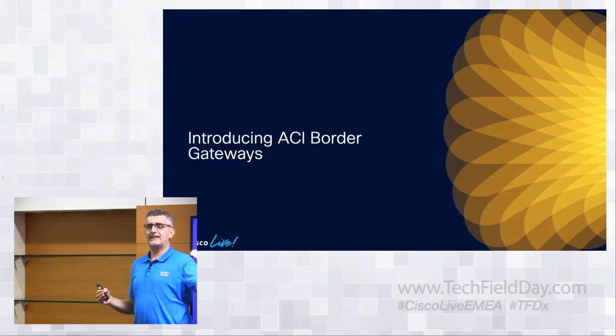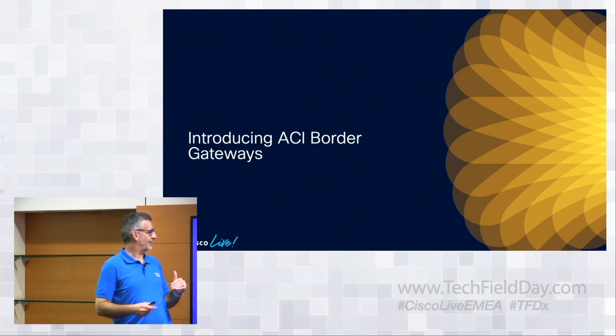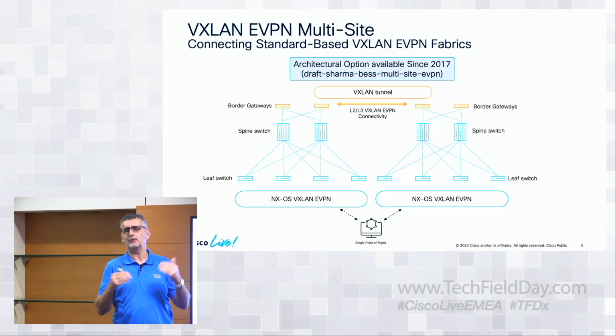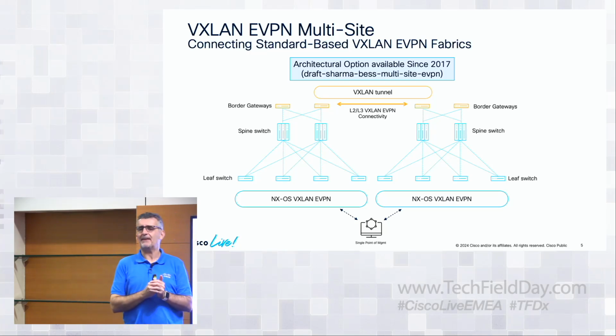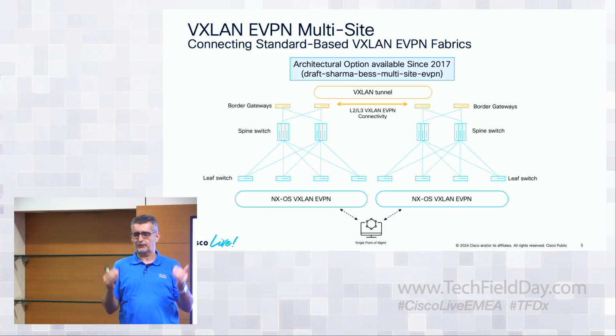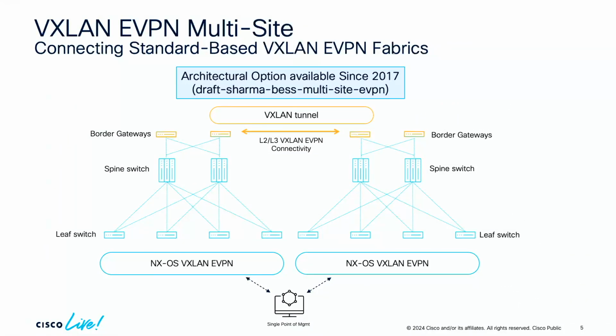So the first component is the ACI Border Gateway. I don't know how many of you are familiar with the term border gateway. In the industry we have been having gateways for years for many different functions. When we talk about building a data center fabric, we can all agree that the de facto standard has become VXLAN EVPN as the technology to build the fabric.